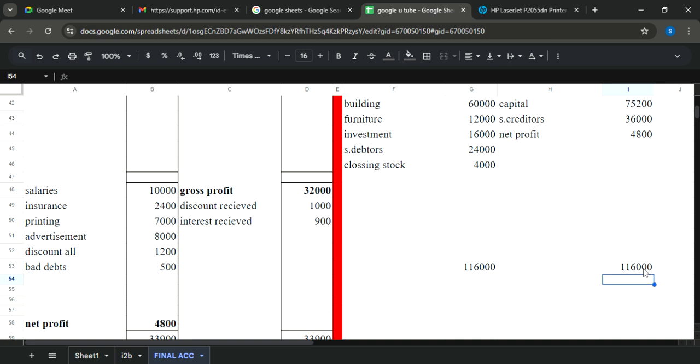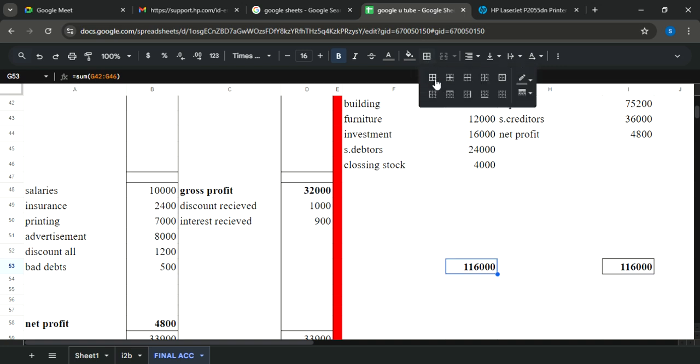This total has automatically been equalized and this would make sure that our question is okay. So here we may highlight it and we need to make a borderline as well. Over here we need to put a border as well.